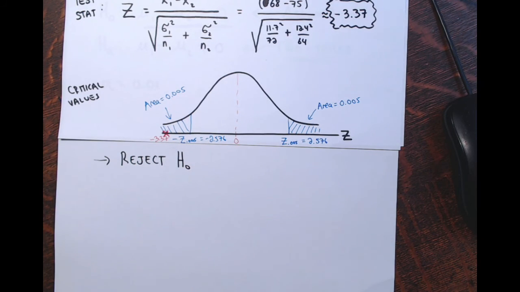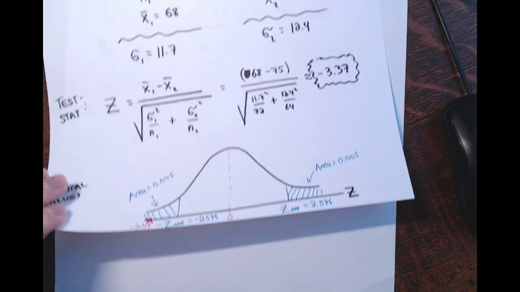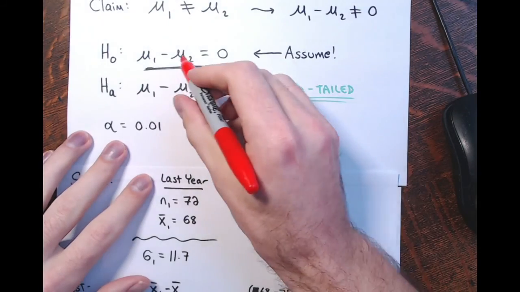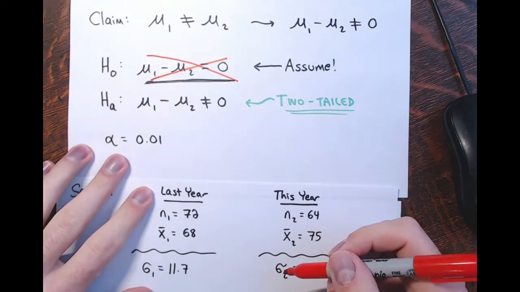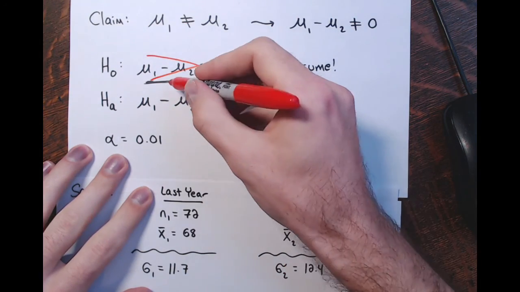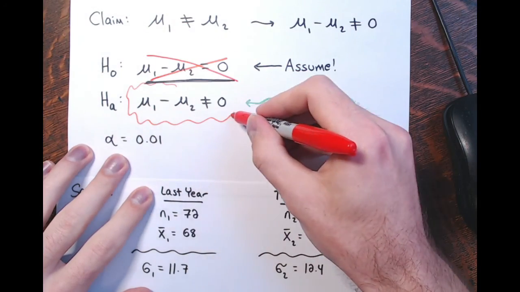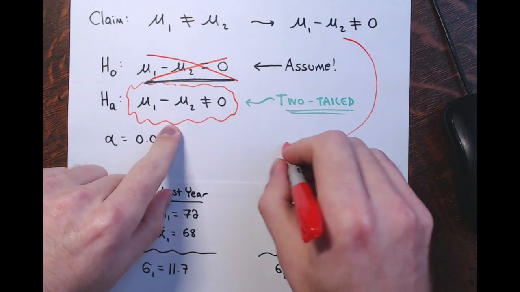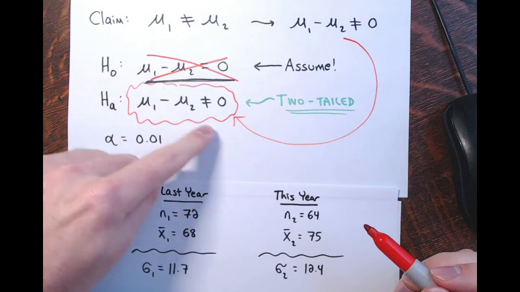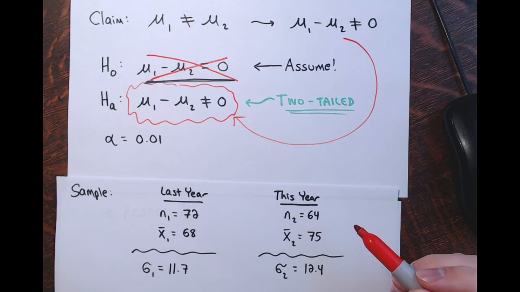Now, what was the null hypothesis again? The null hypothesis was the statement that the averages were equal, that the average from last year and the average from this year were the same. So we're rejecting this null hypothesis, meaning that we're accepting the other statement, the alternative. And this was the claim. The claim was the alternative hypothesis, that the average from last year and the average from this year are different.